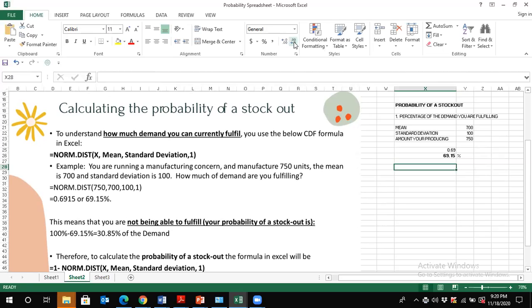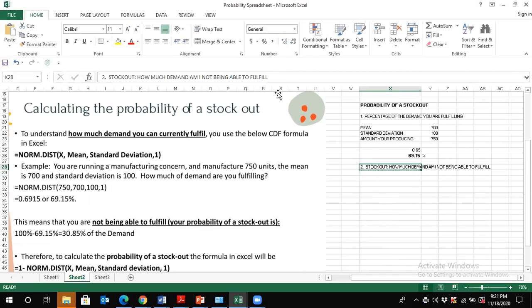If I'm fulfilling this much, the stock out is another way of looking at it: how much demand am I not being able to fulfill, if you're manufacturing 750 units. All right, so that's basically what you are trying to calculate.